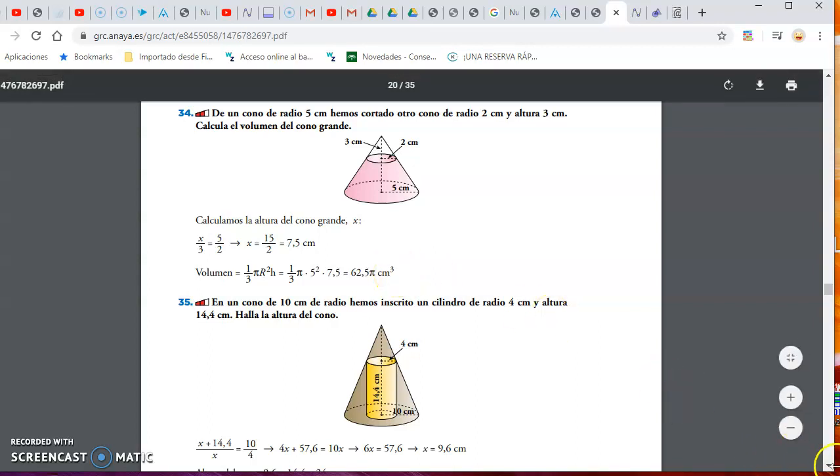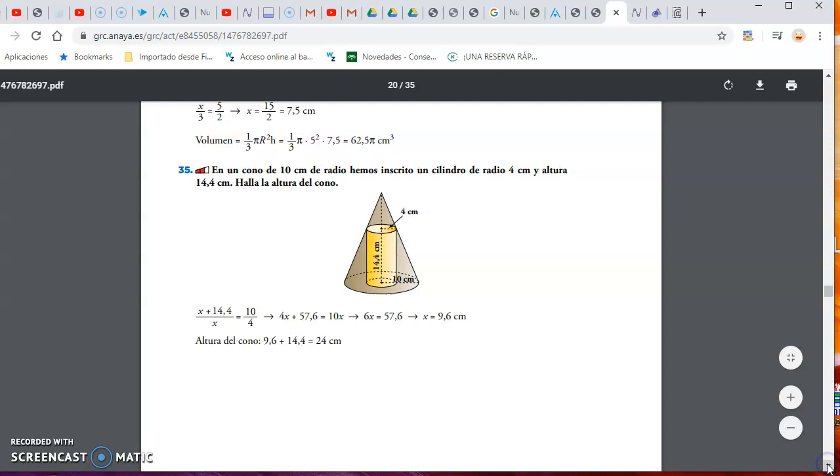Okay, and the last one was about this drawing. It was 35 and we have a cone and inside we have a cylinder. Okay, so we have two similar triangles as well, the biggest one and the smaller one, and we do the same.